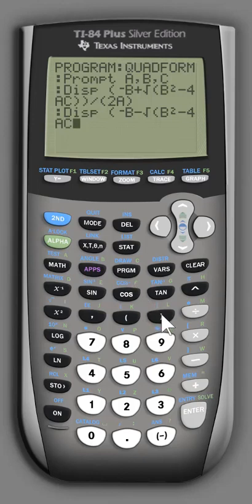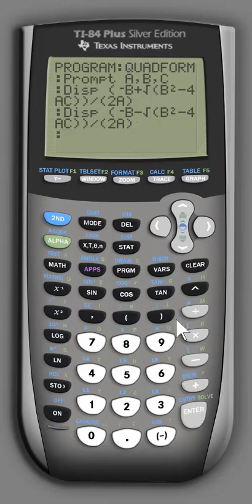Going to close the parentheses on the square root, going to close the parentheses on the numerator, divided by a parentheses to include the 2a in the denominator, then close the parentheses. Okay, so at this point I have that line entered, so I'm going to press Enter.